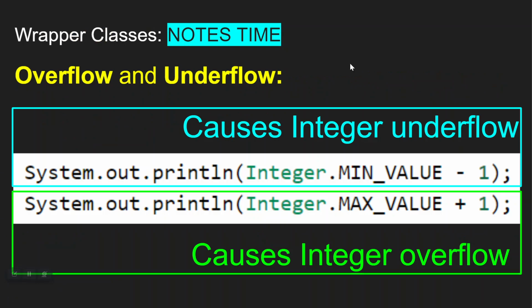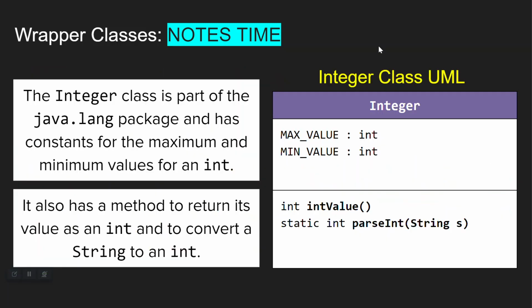That's basically what lets you know something has gone wrong. So just be aware of statements like this. If you take min value and subtract 1, that's going to cause an integer underflow error. Or if you say integer.max value and add 1, that's going to cause the integer overflow error, which again is indicated by a negative number.